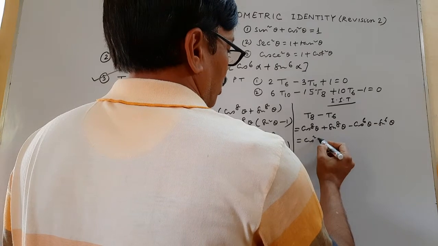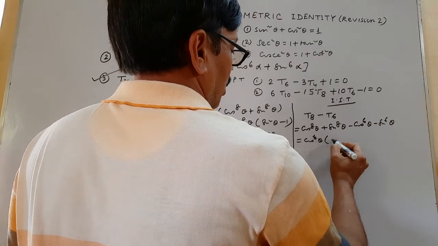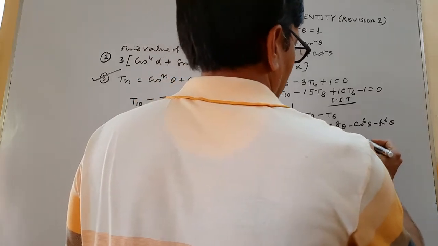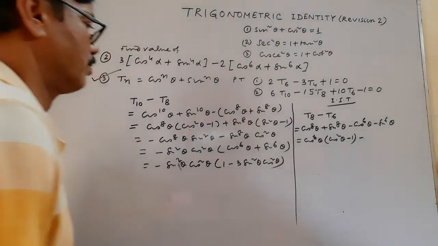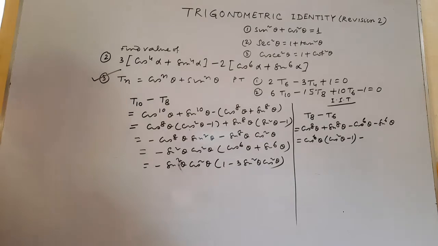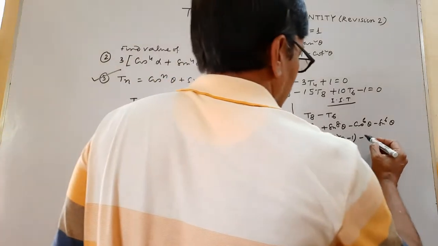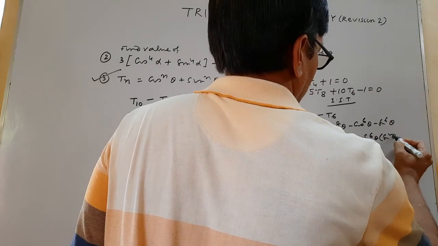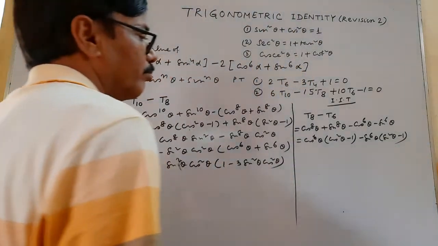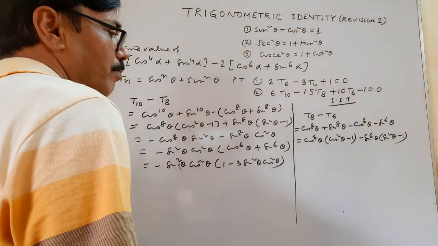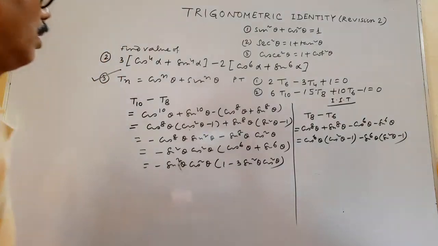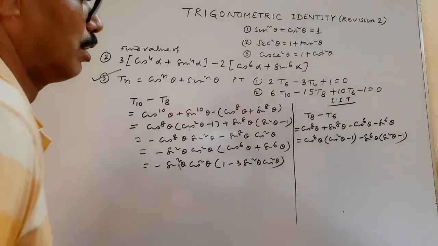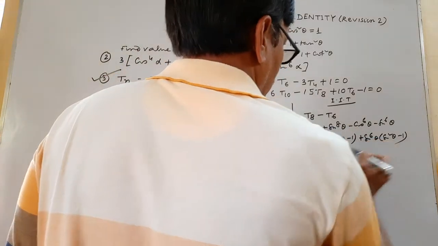So cos to the power 6 theta common, cos square theta minus 1. Then sine to the power 6 theta common, sine square theta minus 1. This is plus obviously.